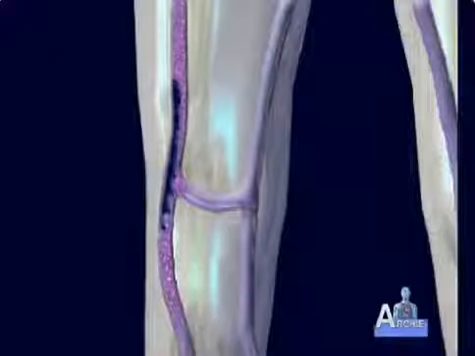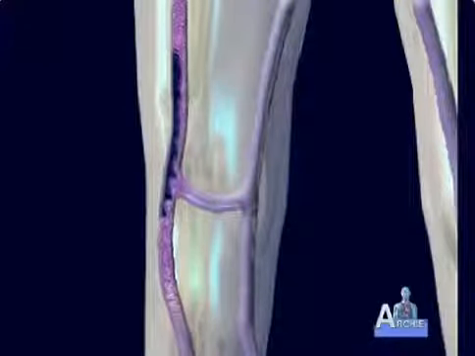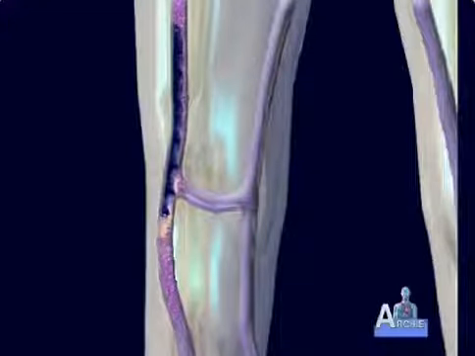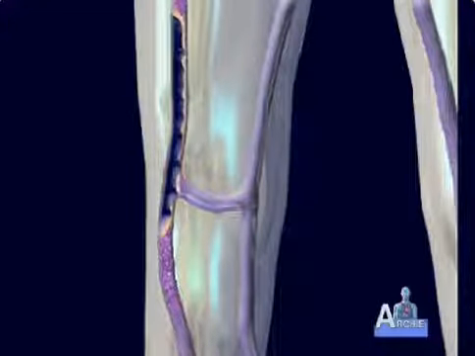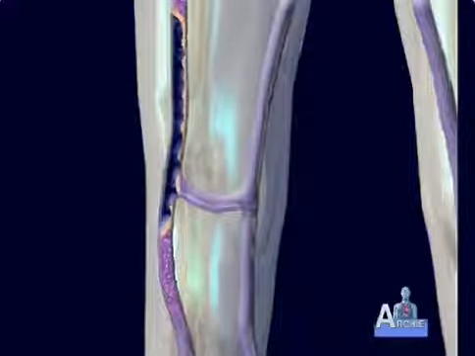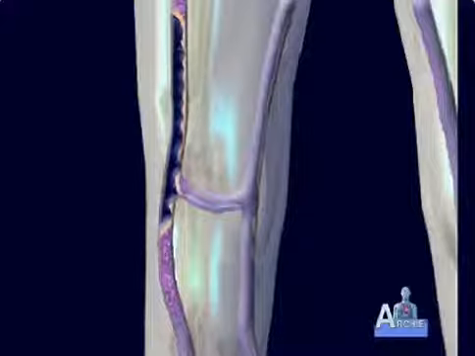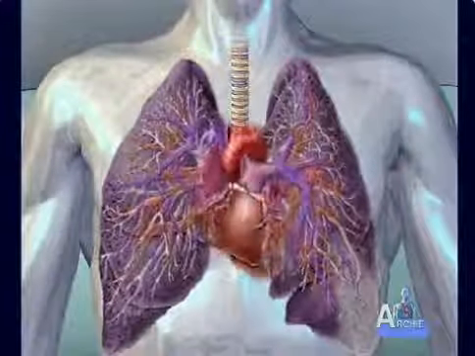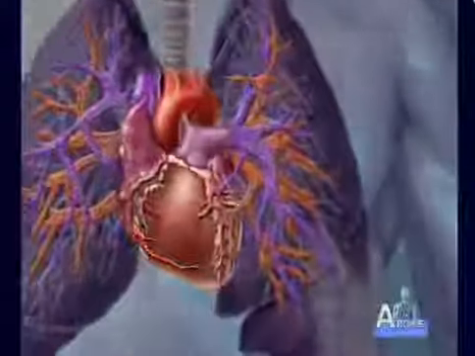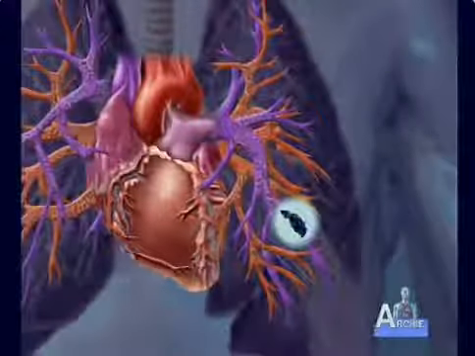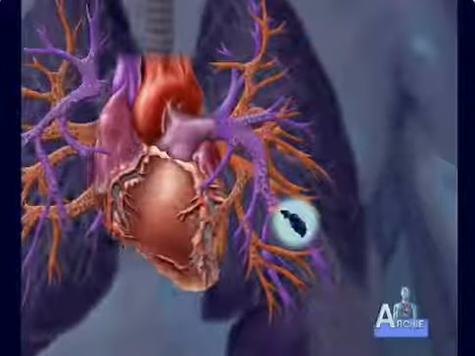The heparin acts to stabilize the clot and inhibit its propagation. Since the heparin circulates throughout the entire bloodstream, it has the same stabilizing effect on the clot within the lung.